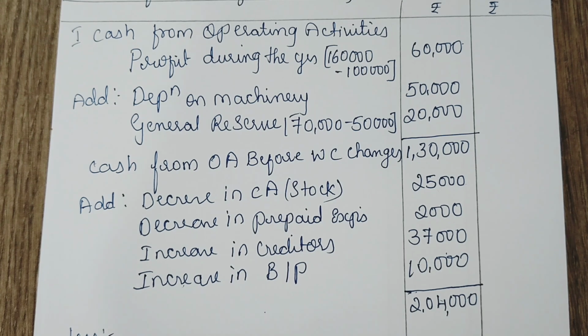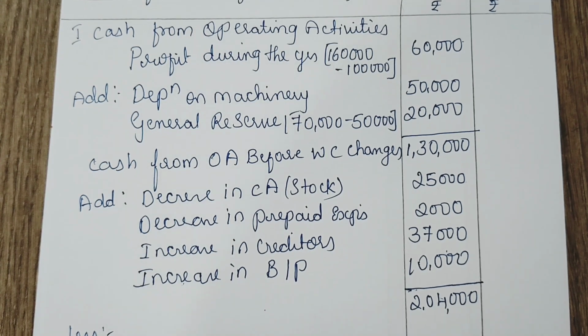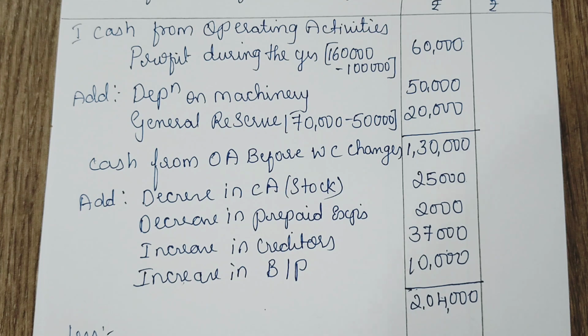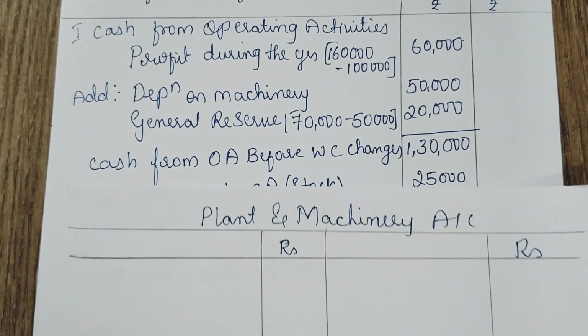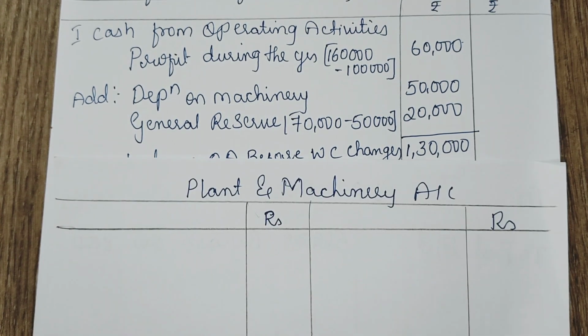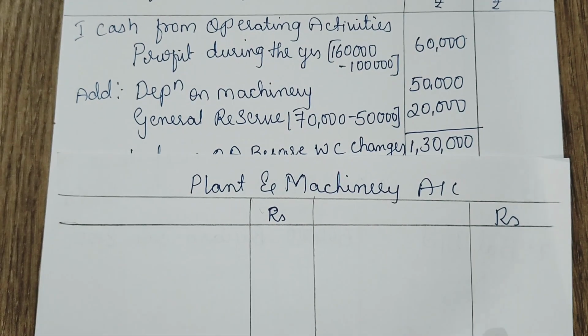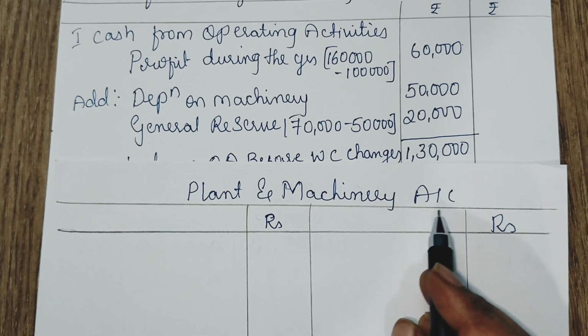Depreciation charged 7,000. There is a profit is there, that we have to prepare the plant and machinery account. Let us prepare ledger account, plant and machinery account.